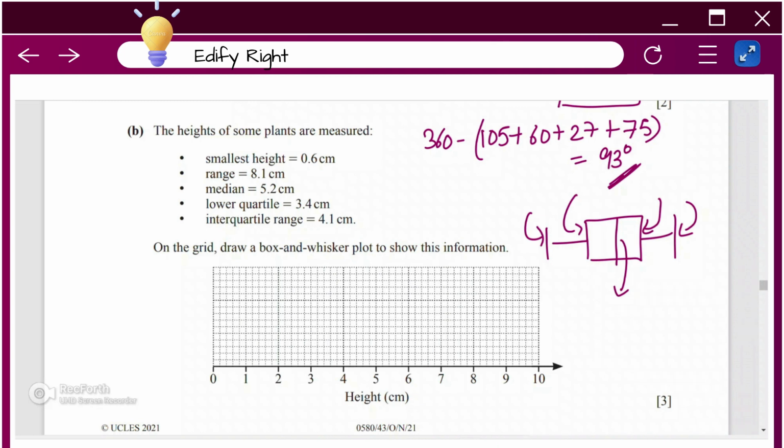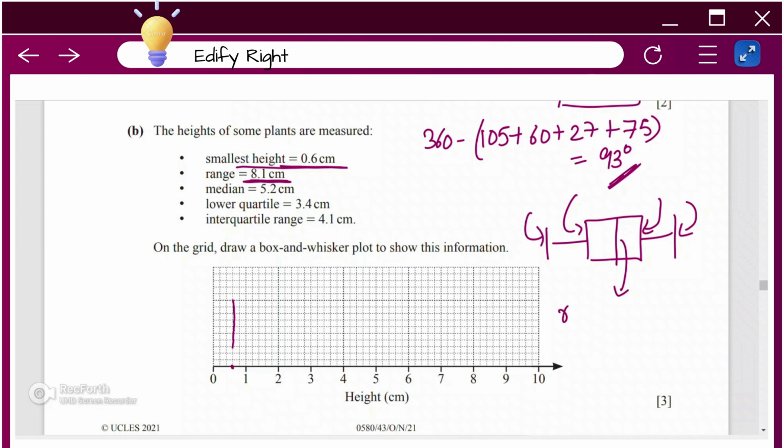So let's start with the extreme left. On the extreme left, we have the smallest height, which is 0.6. So let me just jot this down. This is 0.6. Next, you have the range. Range is 8.1.